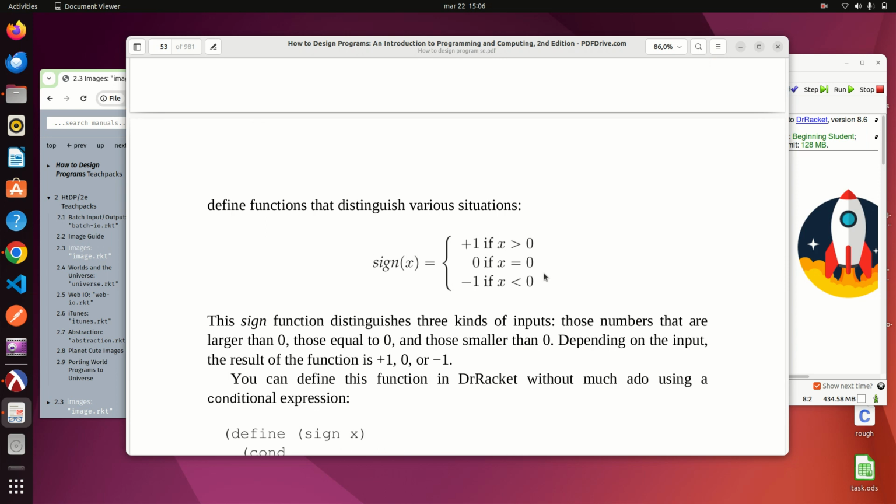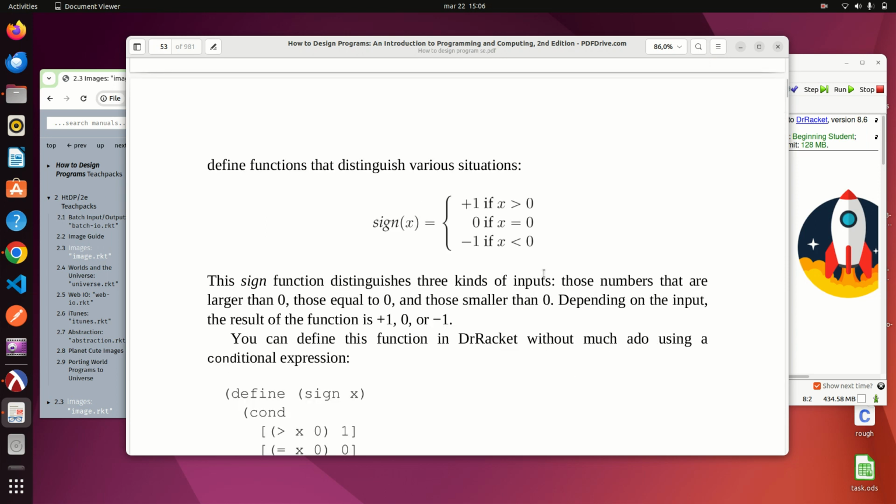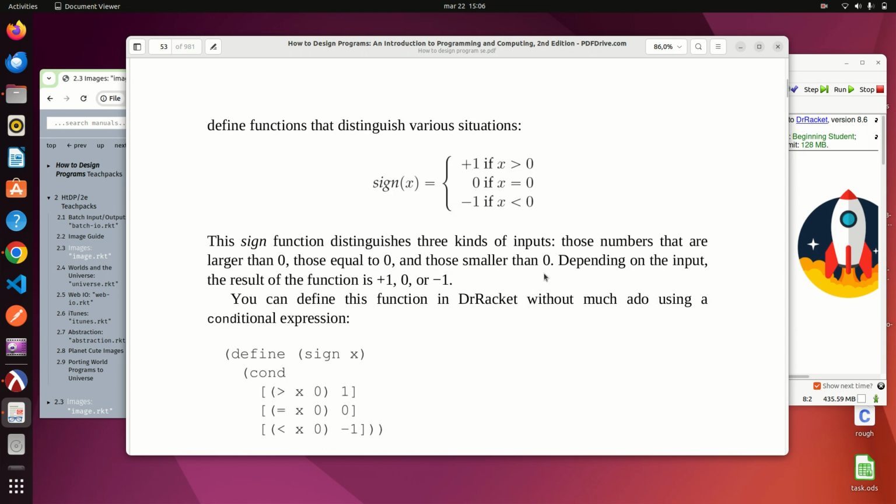So here you have sine x: plus 1 if x is greater than 0, 0 if x is equal to 0, minus 1 if x is less than 0. The sine function distinguishes three kinds of inputs: those numbers that are larger than 0, those equal to 0, and those smaller than 0. It's like an if statement, like you have in many programming languages.